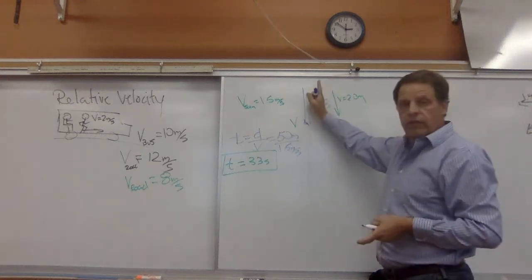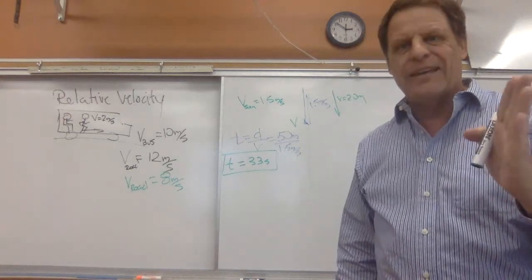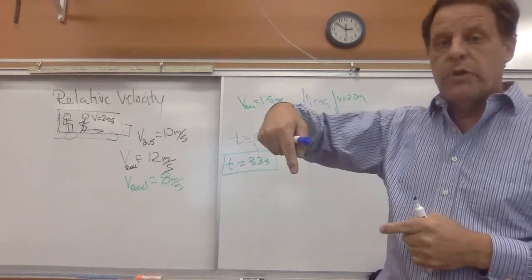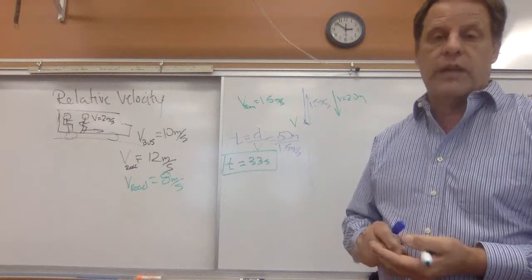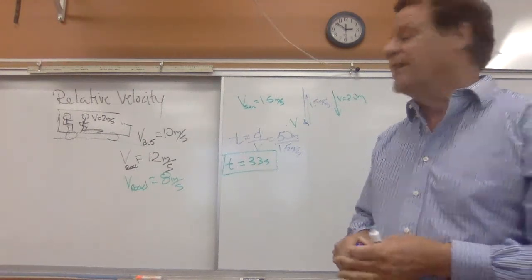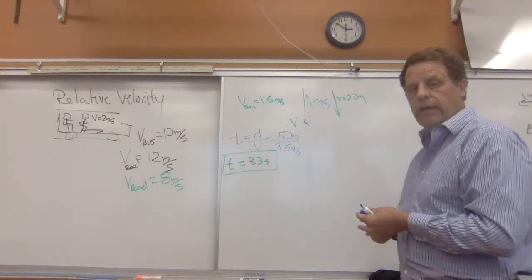So even if you went swimming straight up at 1.5 meters per second, the stream would bring you down at 2 meters per second, and therefore you could not cross straight across.